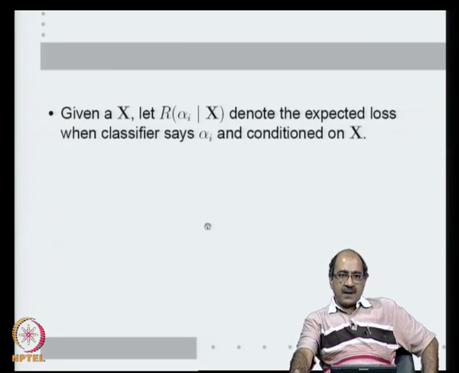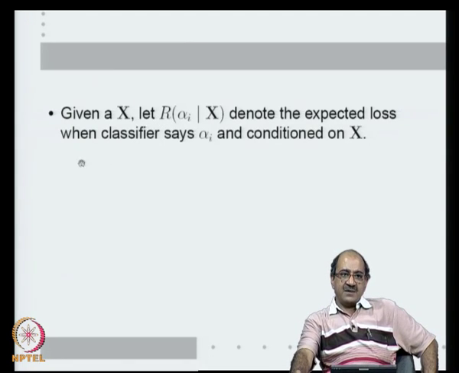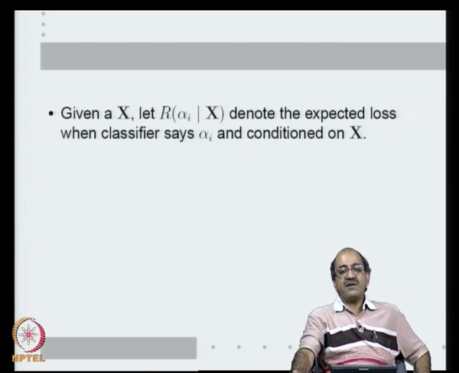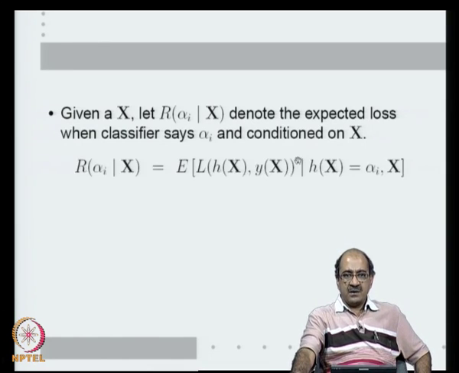Now, to derive the base classifier, let us say given a particular feature vector x, let us denote by R of alpha i given x the expected loss when the classifier says alpha i, conditioned on x. It is given x and if I say alpha i, what is my expected loss? So, what does R of alpha i given x correspond to?